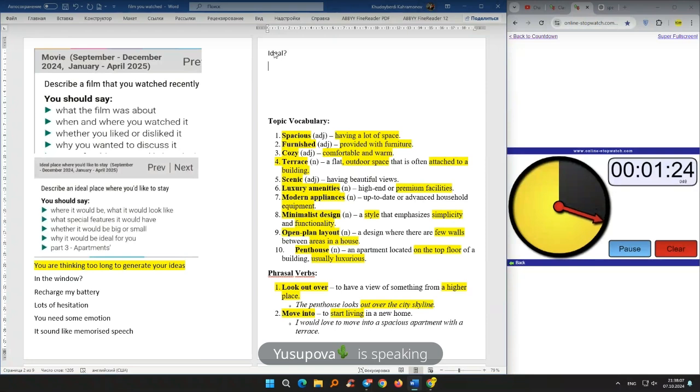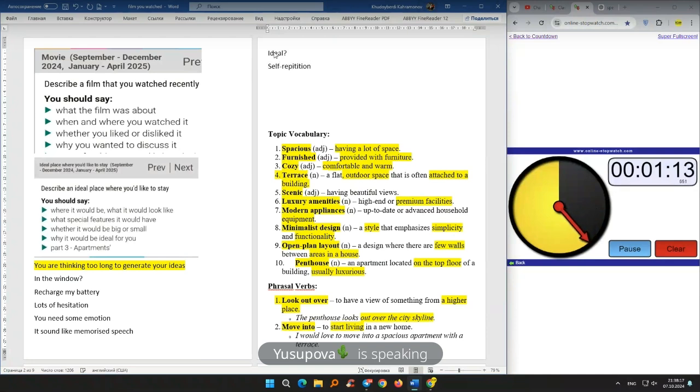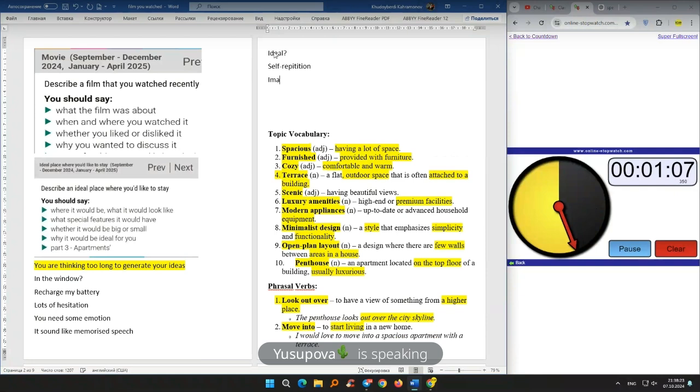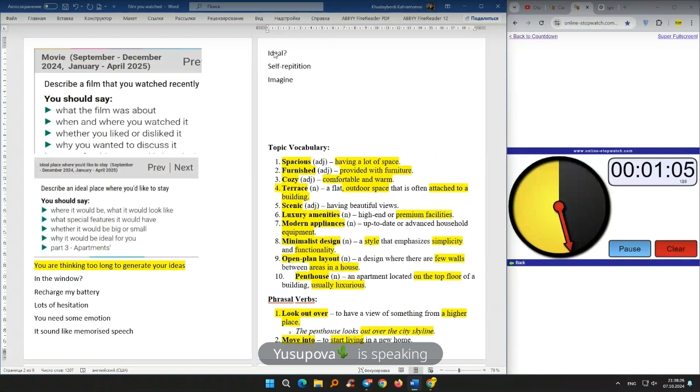And inside of the house, I imagine a bright living room filled with comfortable furniture, perfect for relaxing or reading a book. And in this house during the day, I would spend my time exploring the beach.